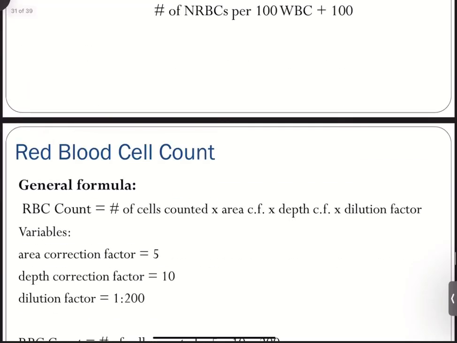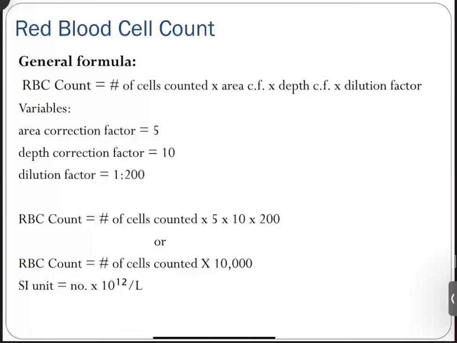Okay, then your red blood cell count uses the same general formula. The area factor is 5, because the 5 center small squares are being counted. The depth correction factor is 10 and the dilution factor is 200, which is seen in your RBC pipette. The RBC count is number of cells counted times 5 times 10 times 200, or number of cells counted times 10,000.